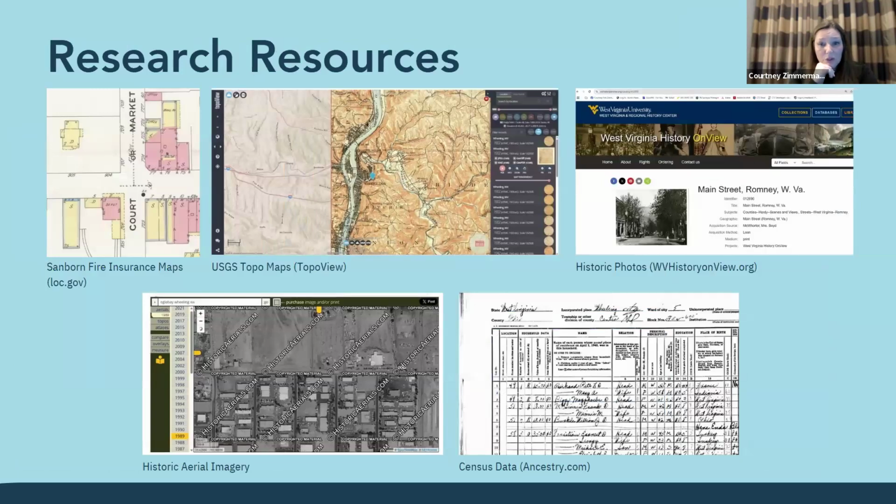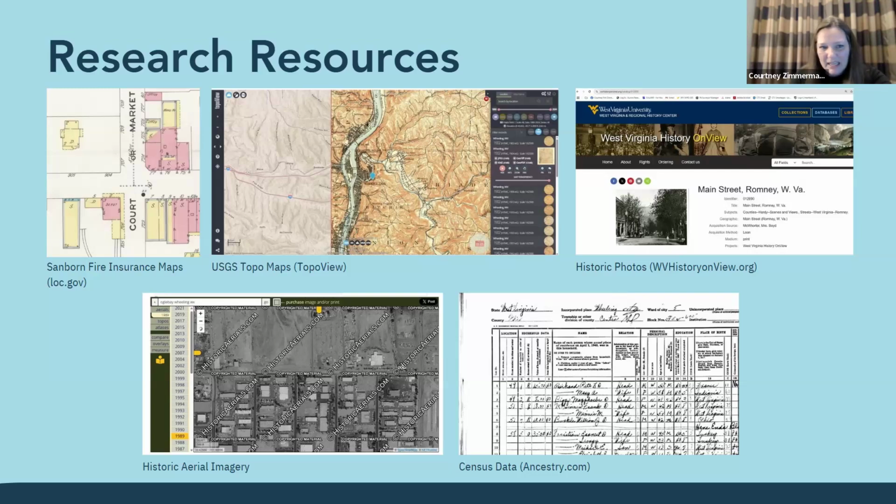Some of the research resources that we really like that are online include Sanborn fire insurance maps, which are just so amazing. So many of them are now digitized on the Library of Congress. These will tell you what the building was made of, color coded.